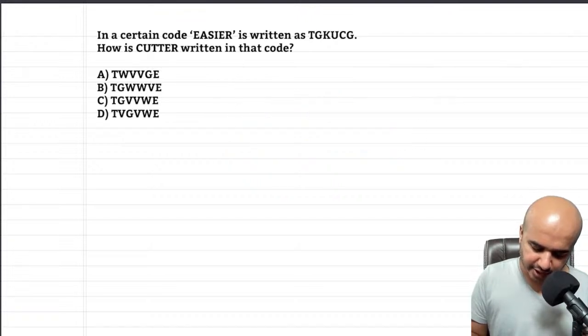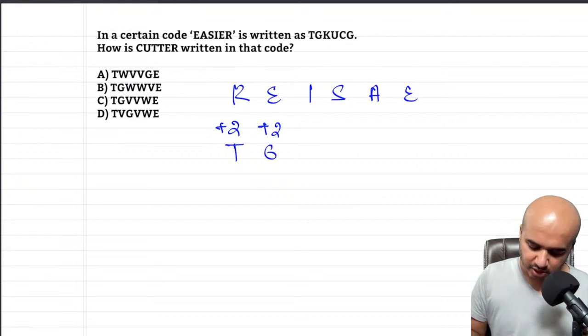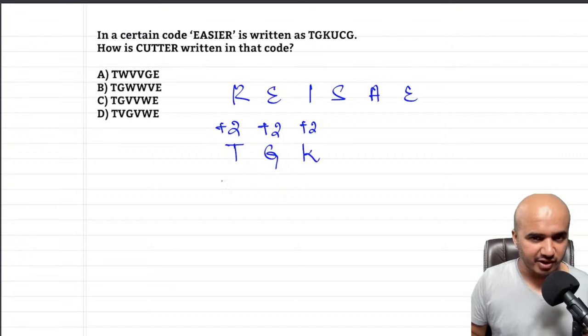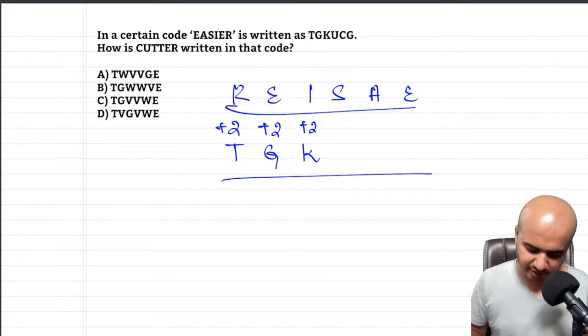We don't have to do it for the rest. We know that it is nothing but reversal of the main word and adding plus 2 to each of the letters. So let's do the same thing for cutter as well.